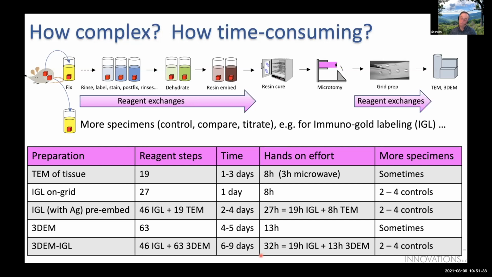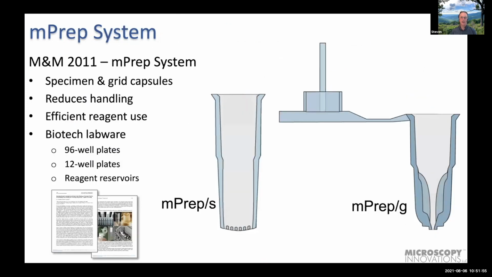So this would probably explain why, at least in my searching, I have found extremely few reports of silver enhanced immunogold labeling followed by 3D-EM, like serial block phase or FibSem. I think I only found one very clear paper in this side of things. So this is why we try to streamline this process here.